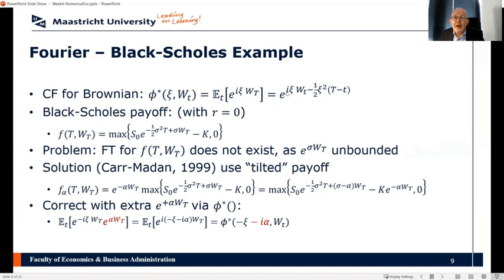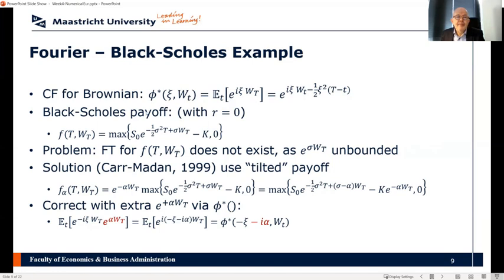It's e to the power i psi W small t, and then the variance term shows up as minus 1/2 psi squared times the variance, capital T minus small t. So we see the structure that the characteristic function is a function of psi and the current value W small t, and we have this explicit exponential form in W and in psi.